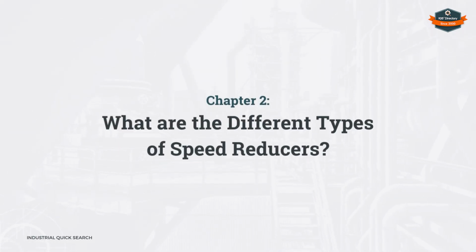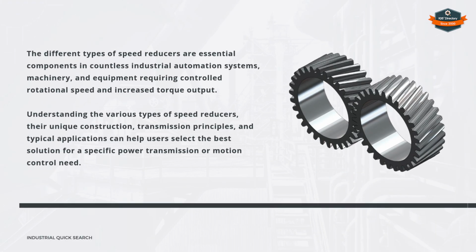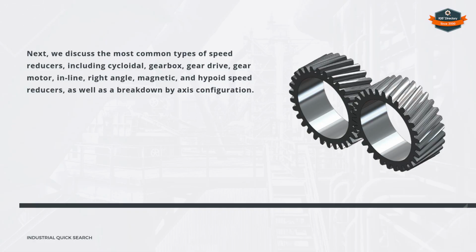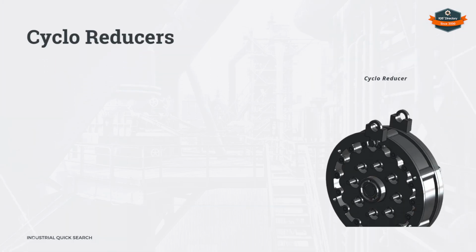Chapter 2. What are the different types of speed reducers? Cyclo-reducers.